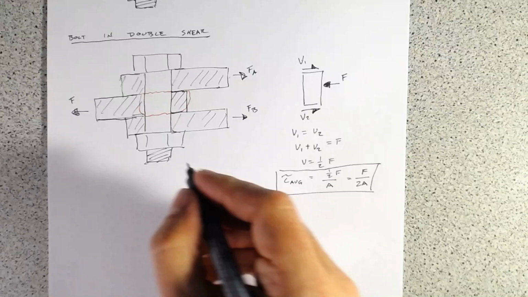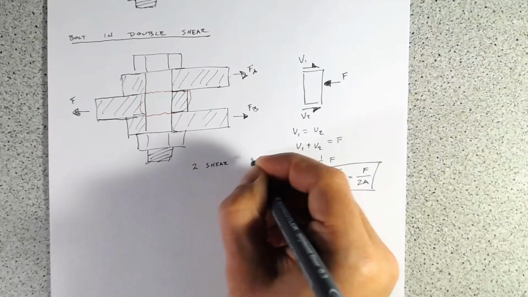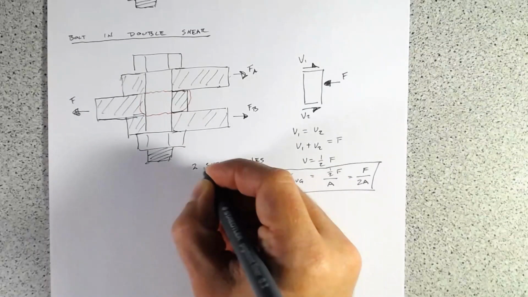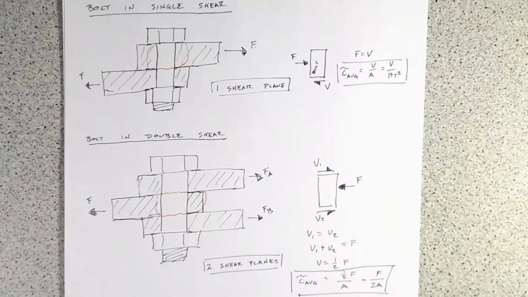And remember that your stress is going to be inversely proportional to your area. Double your area, you're going to halve the stress. So you've got two shear planes on our double shear. There we go. And so that's our sort of introduction to shear stress.